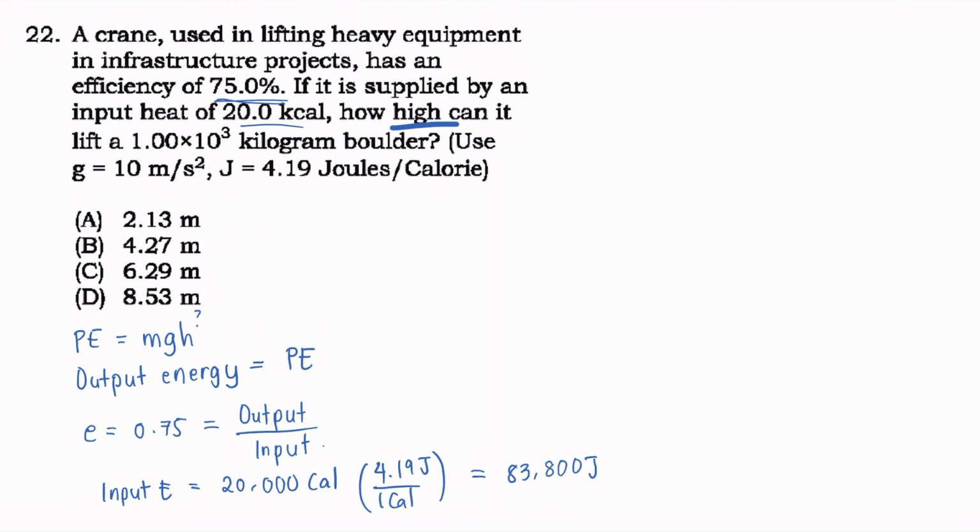And then, since nakuha na natin yung input energy, makukuha na natin yung output energy, which is yung potential energy. So, yung output energy is equal to potential energy. Equal yan sa input times the efficiency.